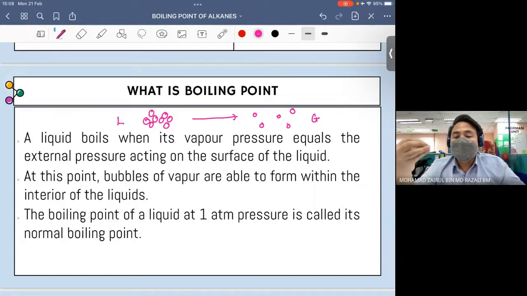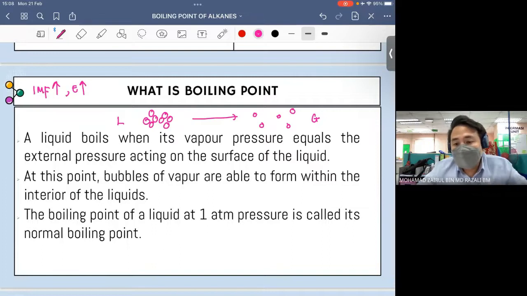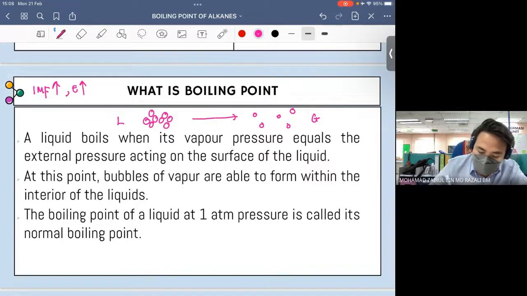So the way we want to weaken the intermolecular forces is by supplying energy. The stronger the intermolecular forces, the higher the energy needed for you to overcome so that the liquid itu can be converted into gas. So maknanya boiling point itu akan increase jugalah.